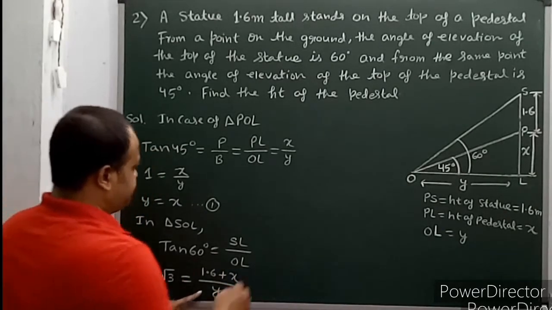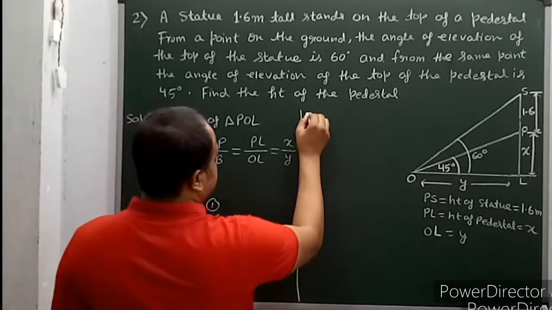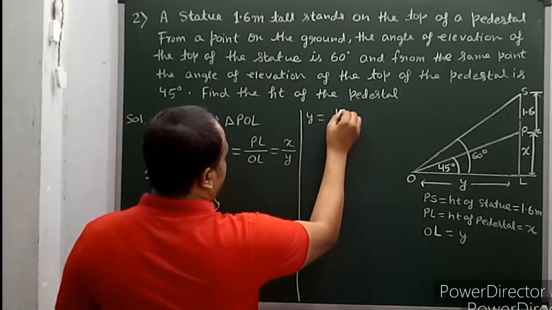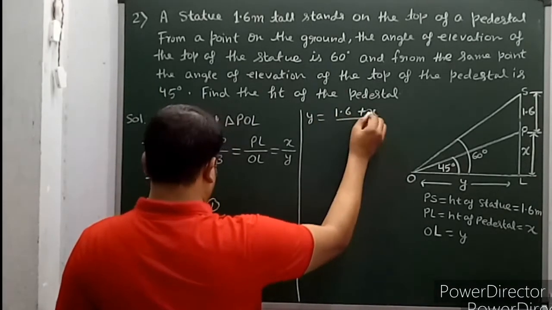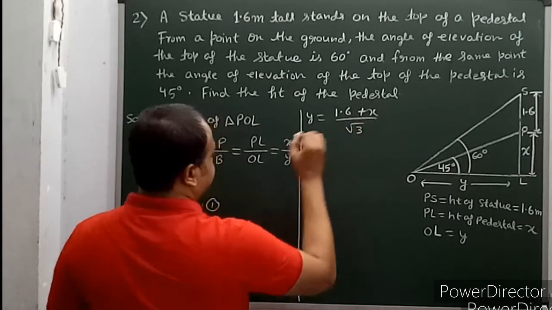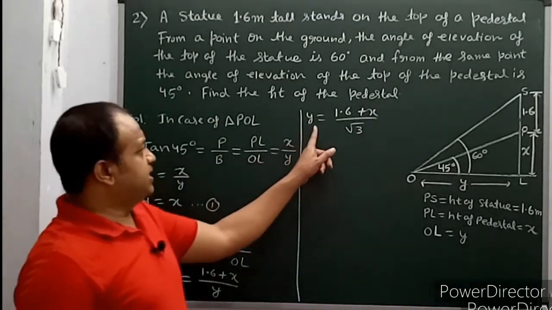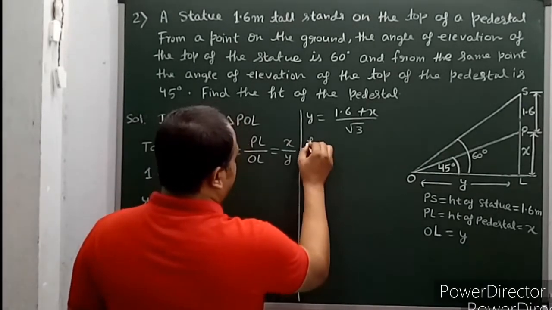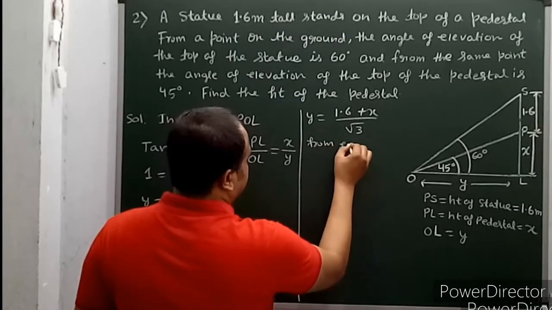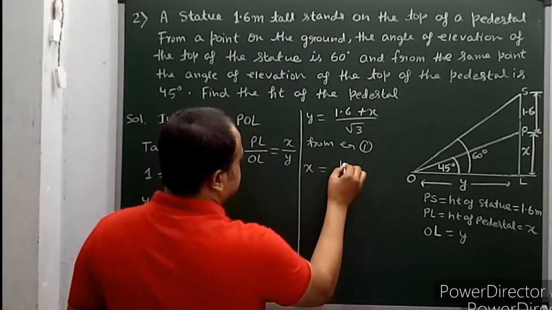Now what we get? Y equals to 1.6 plus x by root over 3. Now see, in equation 1, y is equals to x. So here we can write x in place of y. So from equation number 1, we can write in place of y as x.